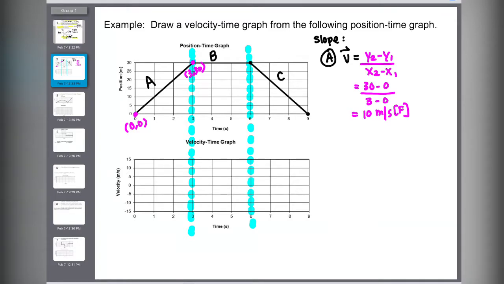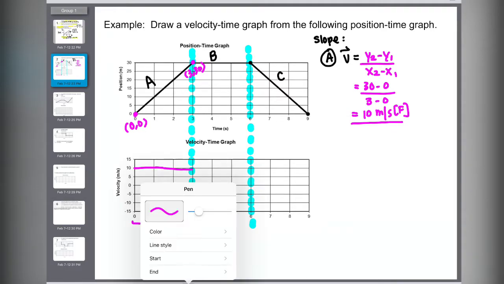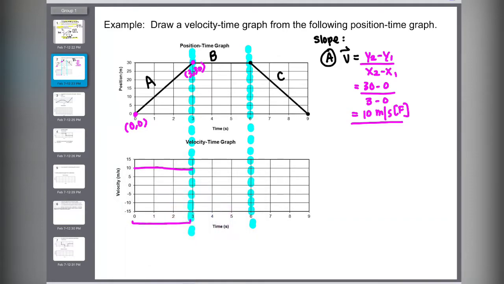It doesn't say direction, so I'm just going to say forward. The slope is the same for the whole segment. So if I found 10 to be the velocity, that means between 0 and 3 seconds, it is traveling at 10 meters per second. So I'm going to draw a line that is 10. Okay, done for part A.